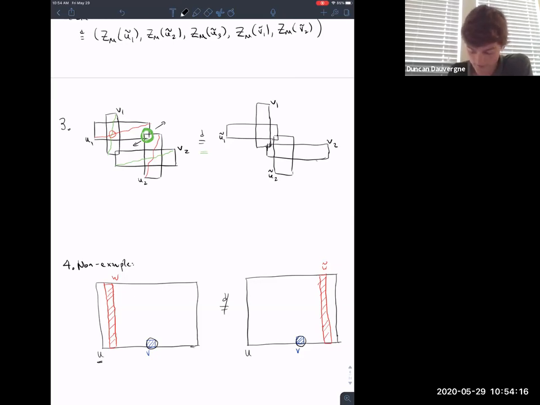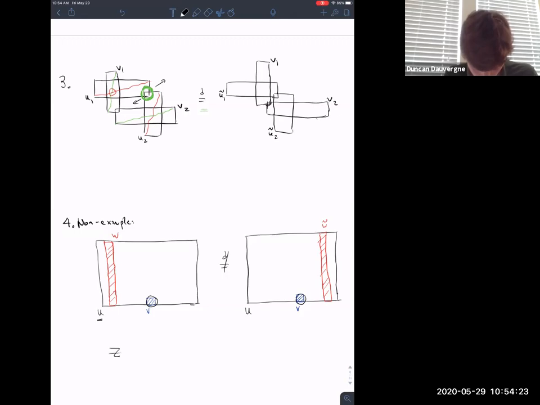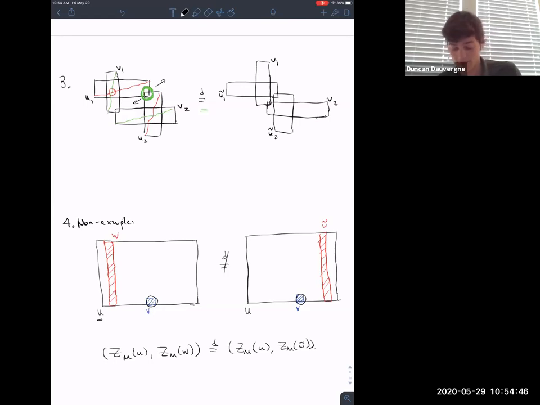So W crosses U. And if I got rid of this box V, then the joint distribution of Zm on U and Zm on W is the same as the joint distribution of Zm on U and Zm on W tilde. And the same is true if I look at Zm on V and Zm on W, and Zm on V and Zm on W tilde, because W tilde and V and W are all disjoint.